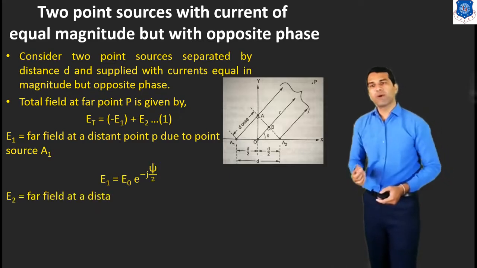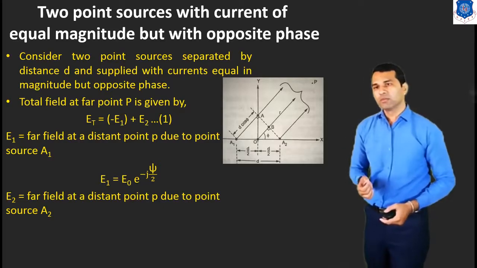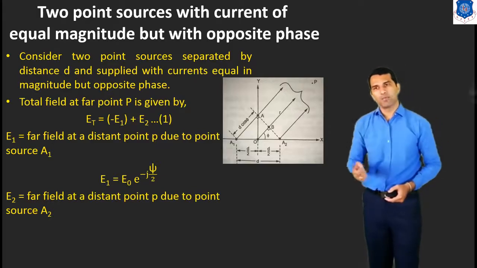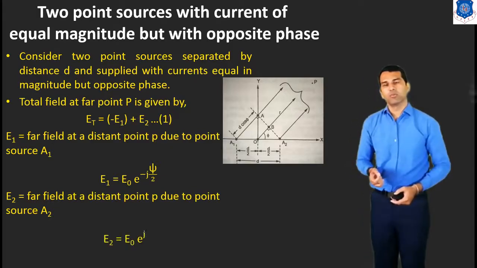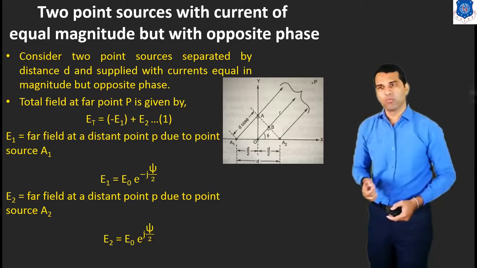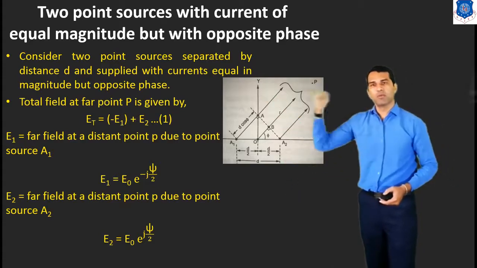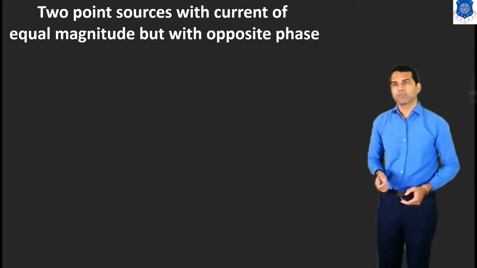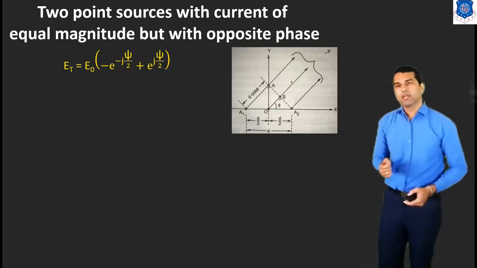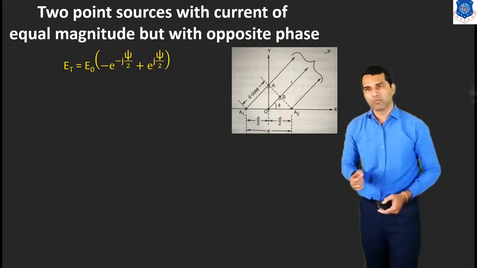And E2 is the far field at a distant point P due to the source A2, and we can write E2 is equal to E0 e raised to j psi by 2. Now we put these values of E1 and E2 in equation number 1. So we can write ET is equal to E0 times e raised to minus j psi by 2 plus e raised to j psi by 2.